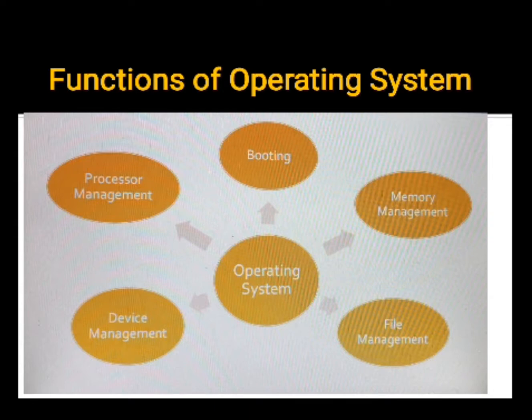Processor management means managing the program or programs running on the processor at a given time. The purpose of memory management is to optimize use of random access memory. The data and instructions are taken by the processor from the RAM during the processing. The operating system has to load the instructions into the RAM, allocate the memory area and manage it properly.